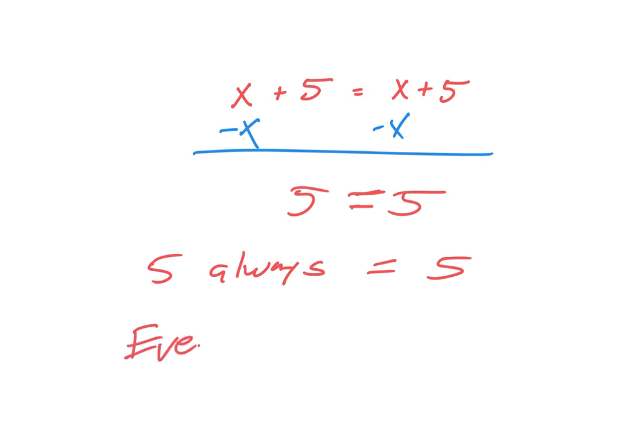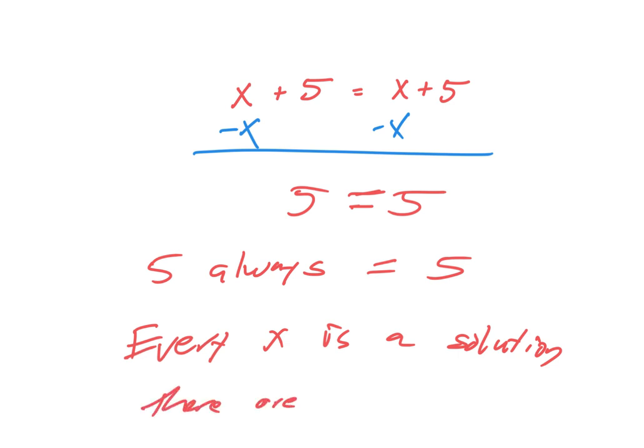Therefore, every x is a solution. That is, there are infinite solutions. Any number you put in for x, doesn't matter. Add 5 to it, still the same number, always the same.